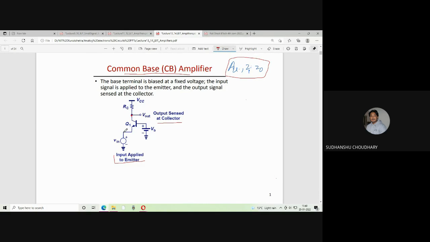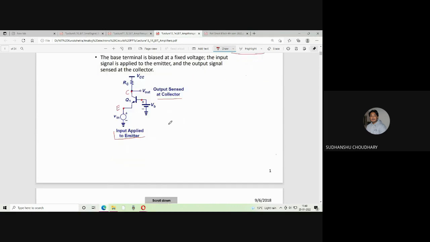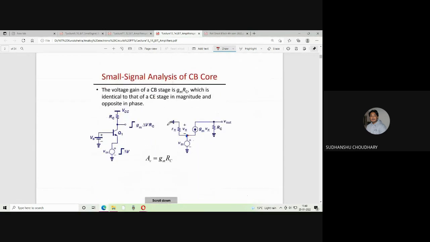While in the common emitter, you had seen that input was applied at the base, and output was obviously sensed at the collector only. But here for common base, you will apply input at the emitter side and the output is sensed at the collector side. So this is an important point to remember.